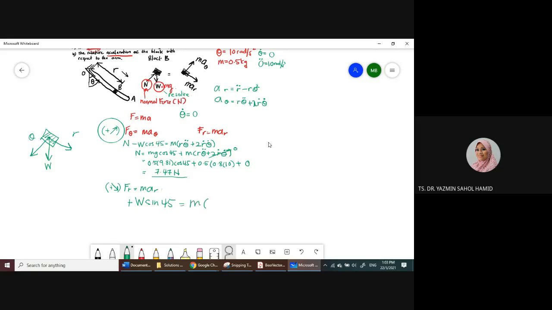And what is the formula for AR? The formula for AR is R double dot minus R theta dot squared. Okay, is that the correct formula? Okay, I missed a dot here. Okay, so now what are we going to do?